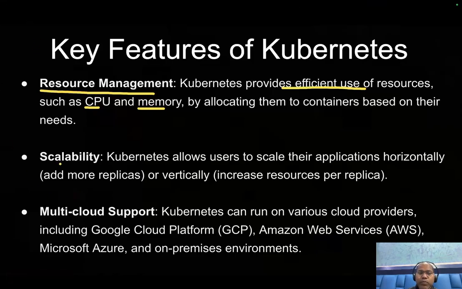And as I discussed, they support scalability because Kubernetes allows you to scale your application horizontally and vertically. So there are both kinds of scaling support. Let's say your application has a cluster of multiple applications.